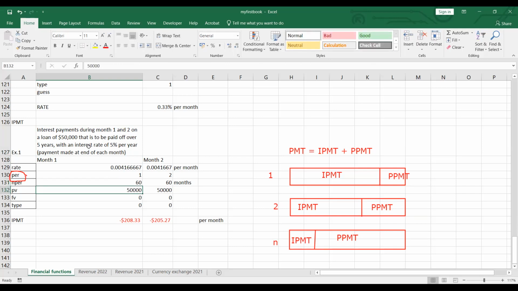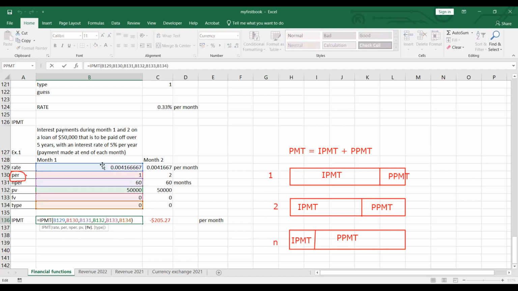Next, the interest rate is 5% per year, so you have to convert it to interest rate per month as well, so the rate will be 5% over 12. Finally, the payment is made at the end of each month, so the type is 0.